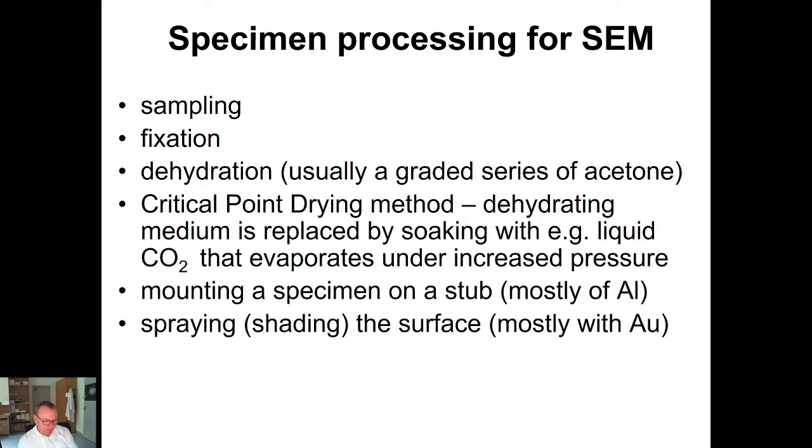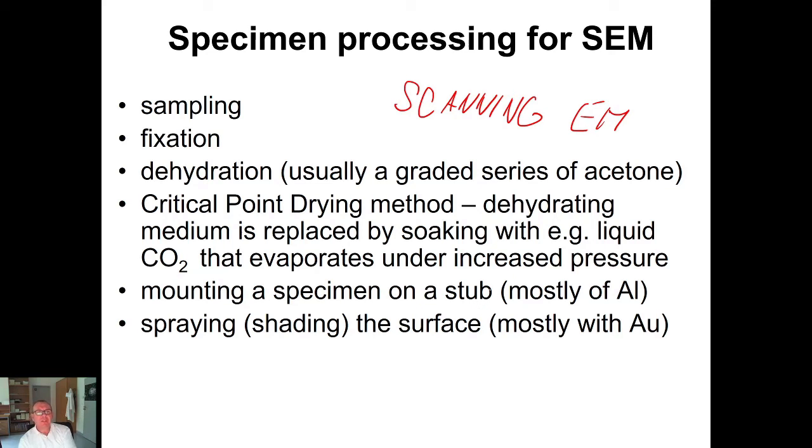I said at the beginning that there exists also scanning electron microscopy. SEM means scanning electron microscopy. What does it mean? It means that in this case the beam of electrons doesn't go through the specimen, so we don't need a thin section.